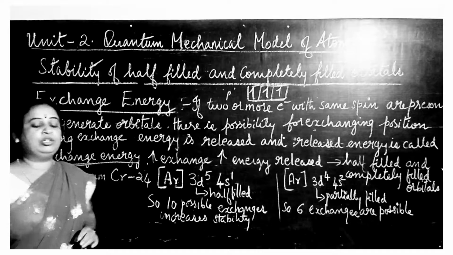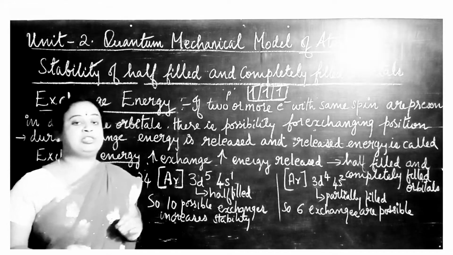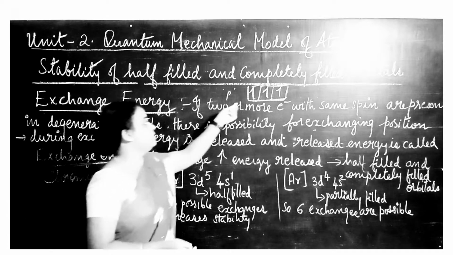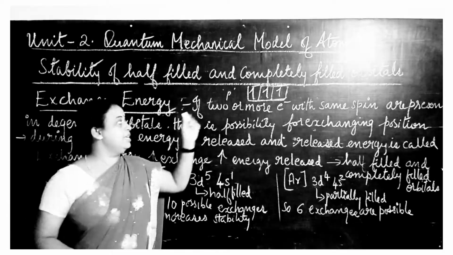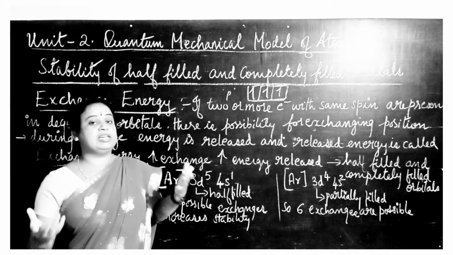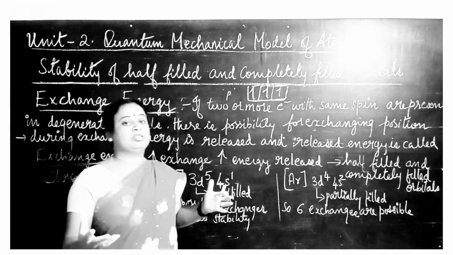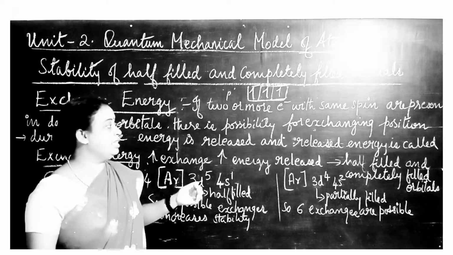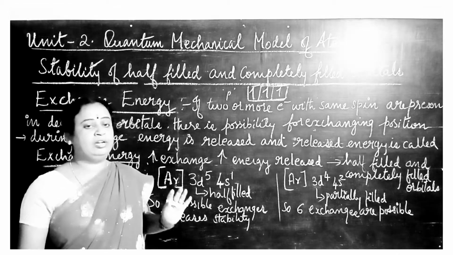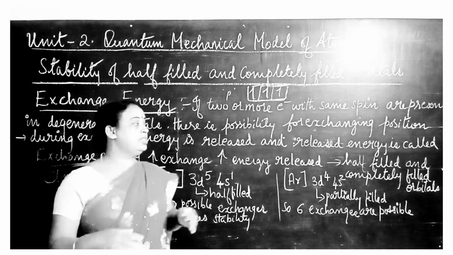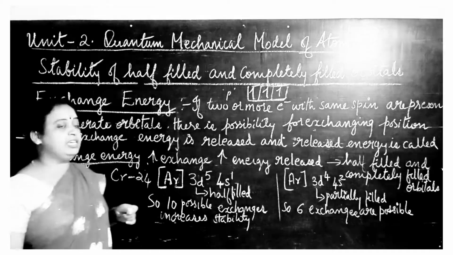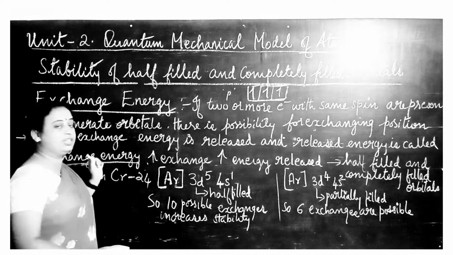Got it? So when two or more electrons with the same spin are present in degenerate orbitals like this, the electrons can exchange positions. When the position of electrons is exchanged, energy is released, and that released energy is called exchange energy.